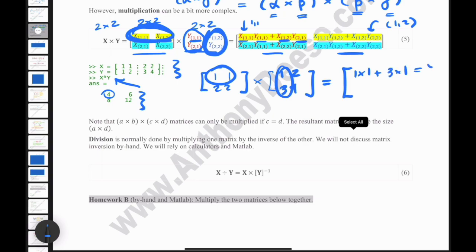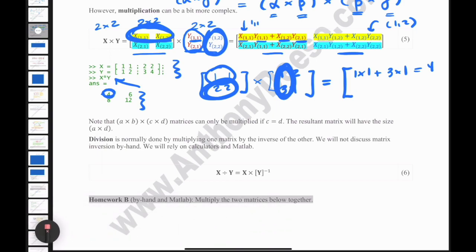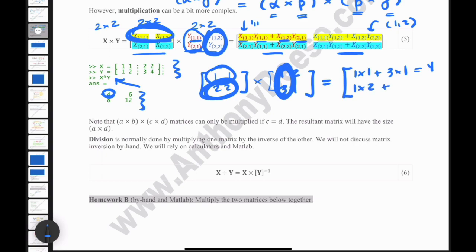Hence 4, and that matches what we have over here. Let's try one more. Let's do this element, which is going to be that column times this row. So that's going to give us 1 times 2 plus 3 times 2, which is 6, plus 2 equals 8, and we have the corresponding value down there.